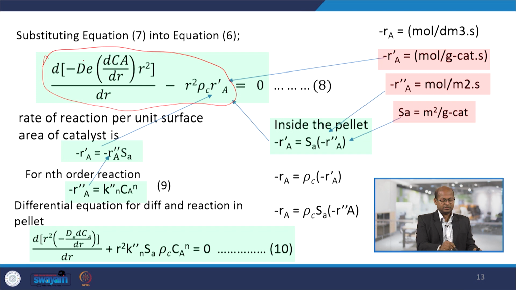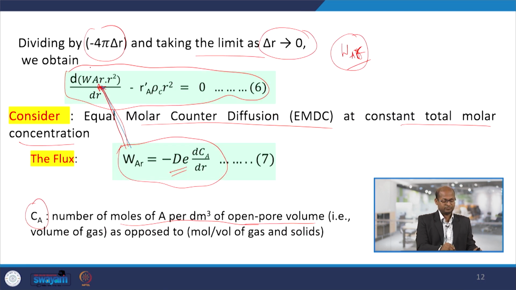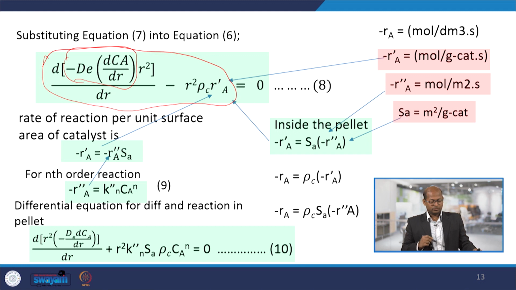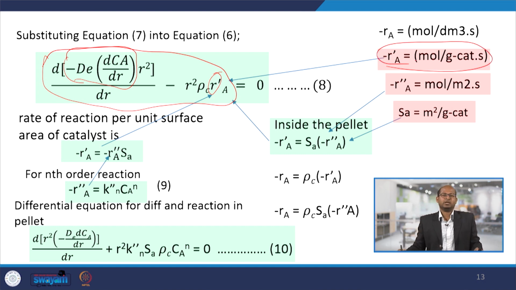Okay. This is the flux component that we are substituting here, W A R, in terms of minus D E d C A by d R. Now here R A prime is the rate per unit mass basis that I said. When gas-solid reactions are there, the rate is usually expressed on a per unit mass basis.